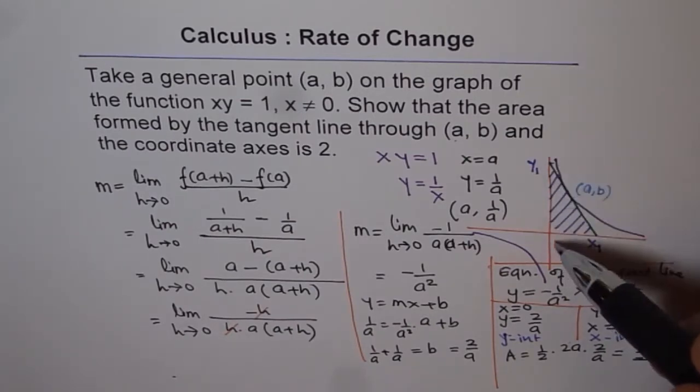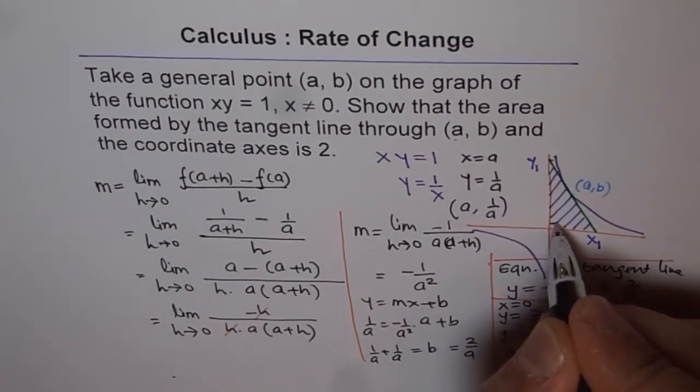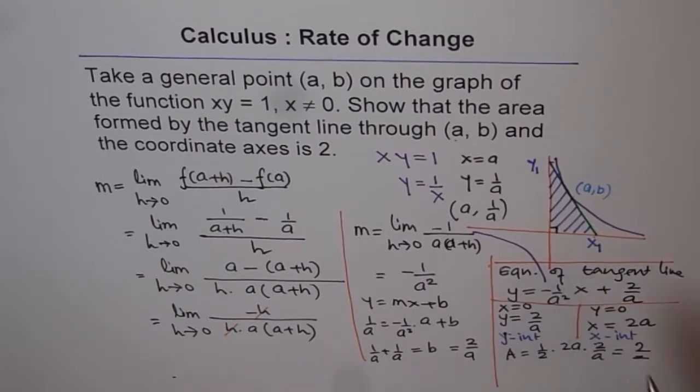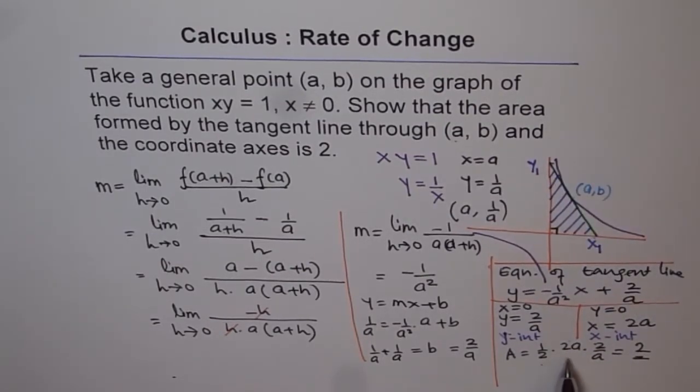And the area of this triangle, this is a right triangle, correct, is half base, which is the x-intercept, times height, which is the y-intercept. Therefore, half times 2a times 2 over a, we got the result equal to 2. And therefore, we can say the area will always be 2 in such a condition.